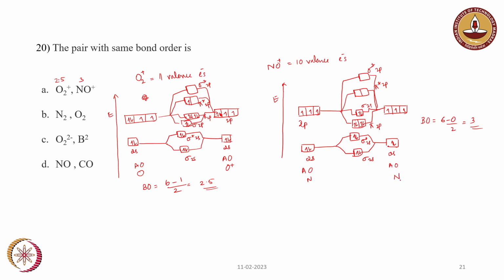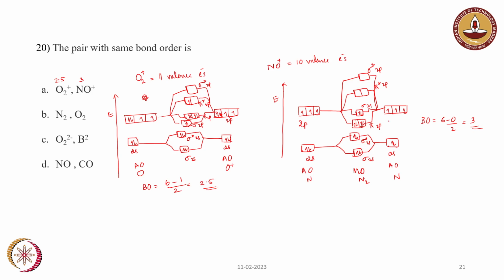if these are 2 nitrogens, the valence electrons are 5. In atomic orbitals, in 2s there are 2 and in 2p there are 3 electrons for nitrogen. So when molecular orbitals are formed, 2 electrons go to sigma 2s and 2 go to sigma star 2s, and the bond order calculation cancels for these two because there are equal numbers of electrons in bonding and antibonding orbitals.